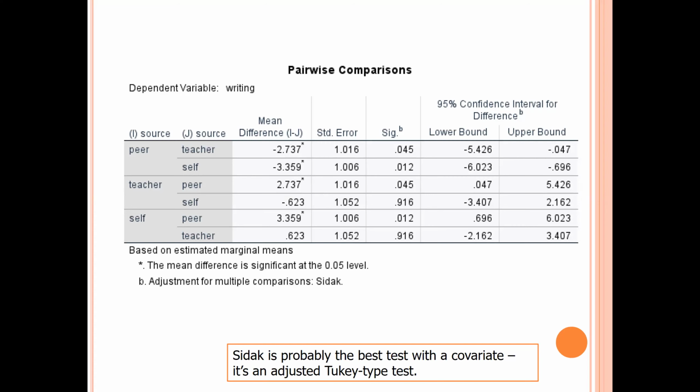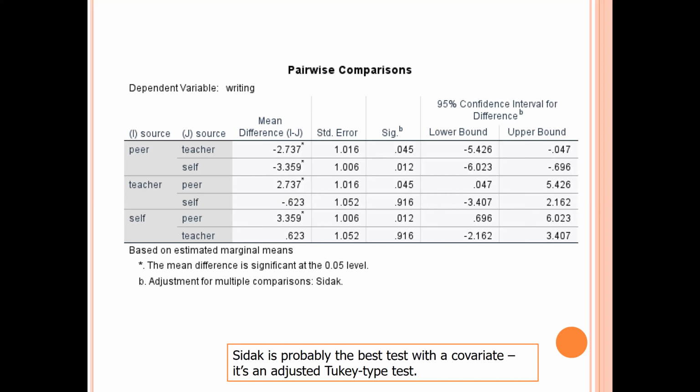So anyway, what you see is that both self and teacher feedback are consistently associated with significantly higher means on writing score than peer feedback. The mean difference between self and peer feedback, across timing conditions and after adjustment for the pretest, is 3.36.